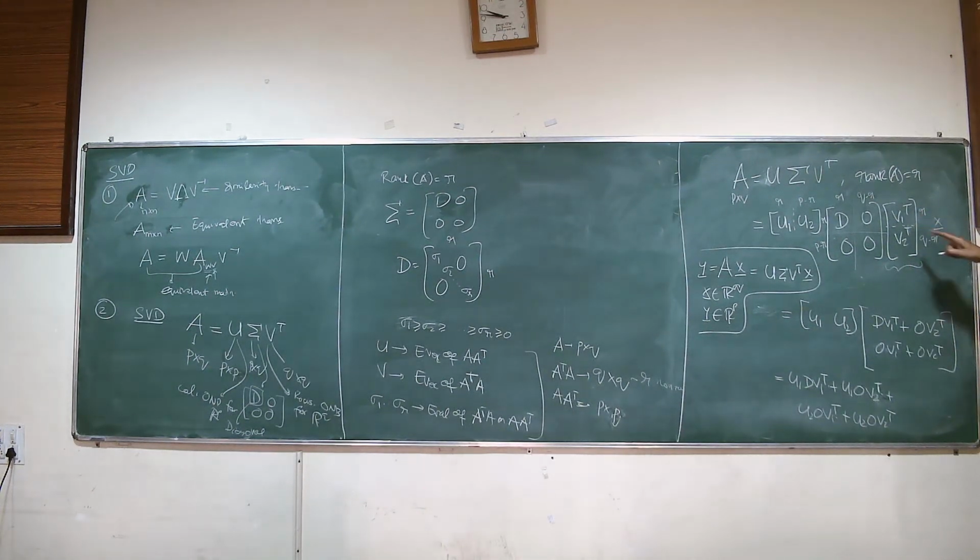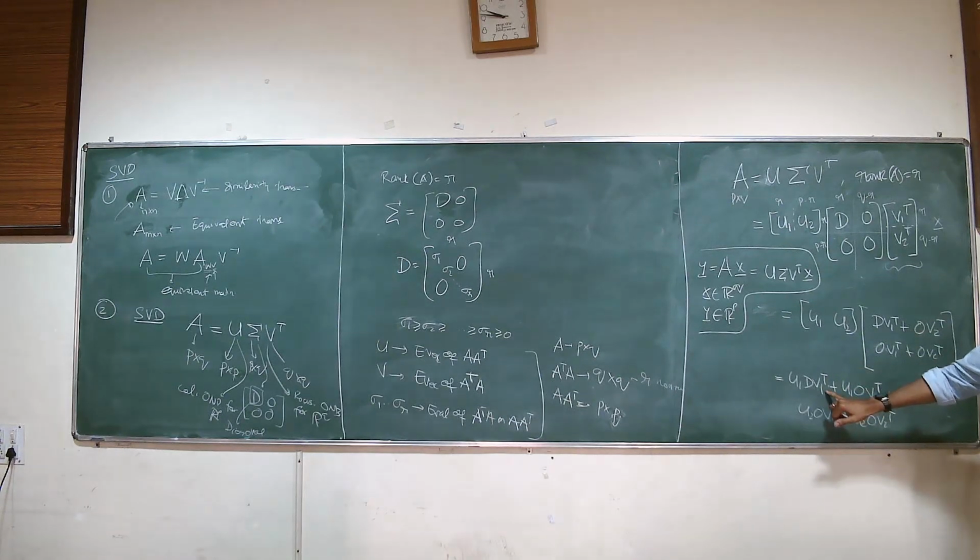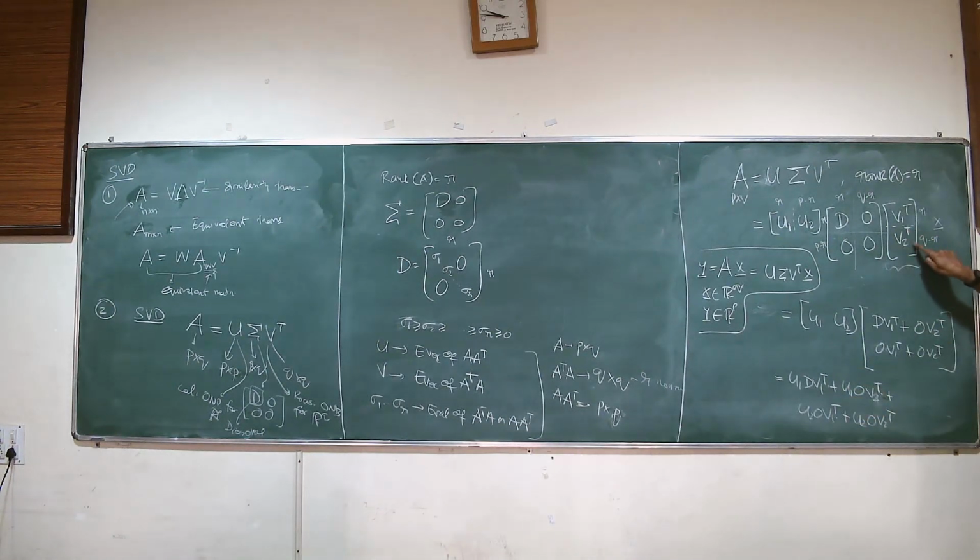V1 transpose x simply gives you the components of x in the R-dimensional subspace spanned by the first R rows, and V2 transpose x gives you the components of x in the Q minus R dimensional subspace spanned by these rows.